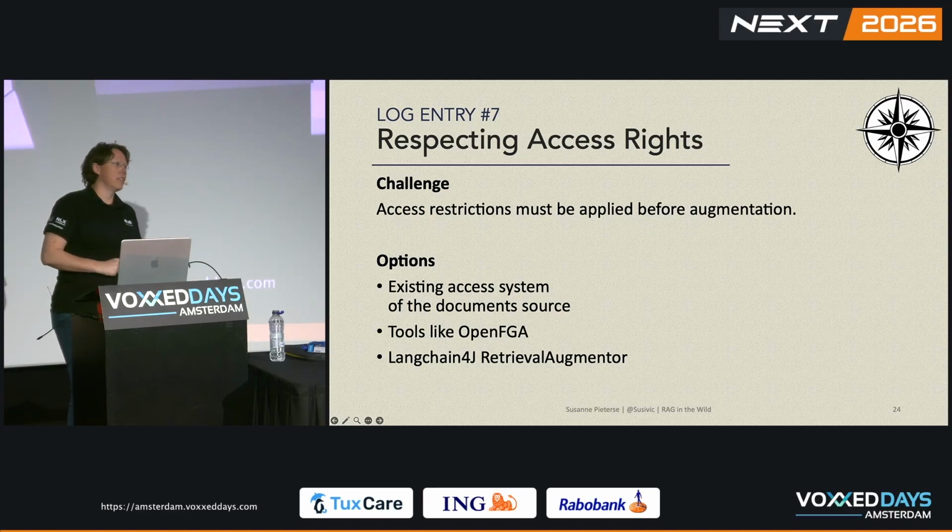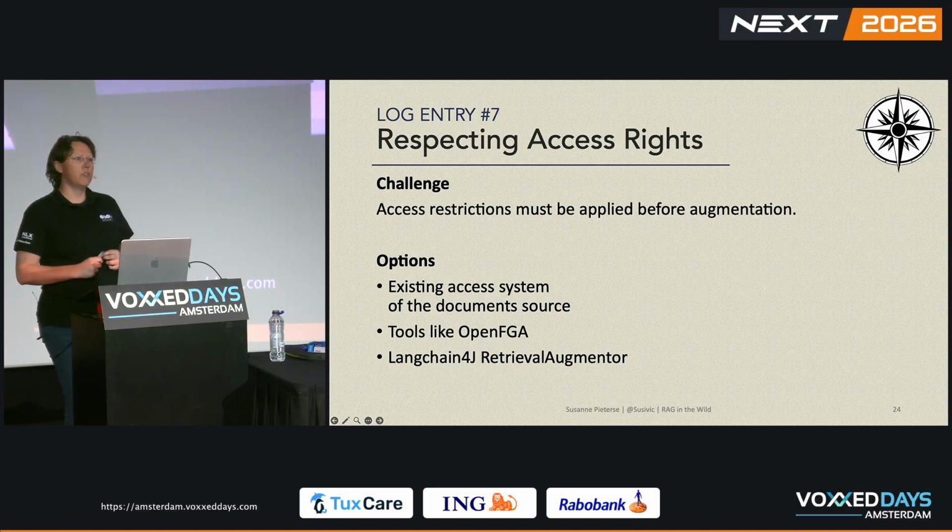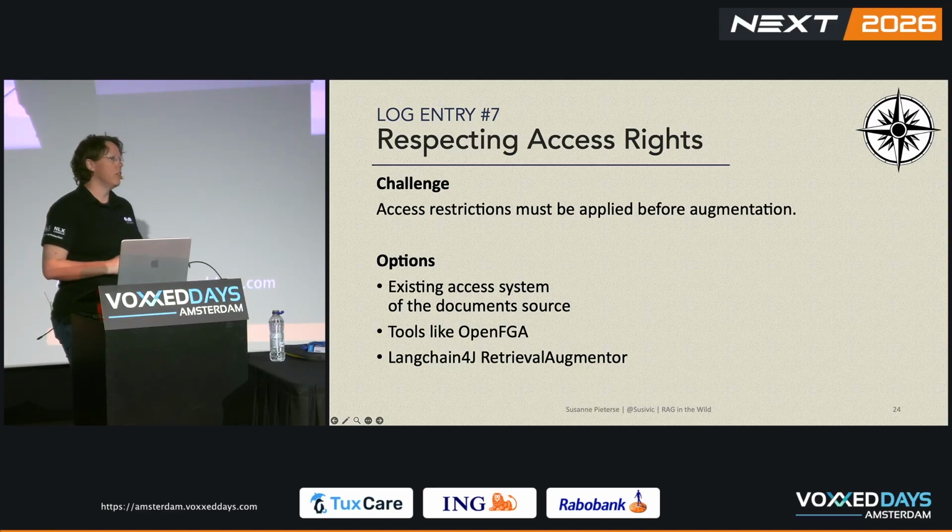Then access rights, and this is very important for us. The document management system we use is very good in access rights to documents, and it was very important for us not to expose information to users that they are otherwise not able to access. And we could do this by adding the UUID of the document from the document management system as metadata into the vector store.